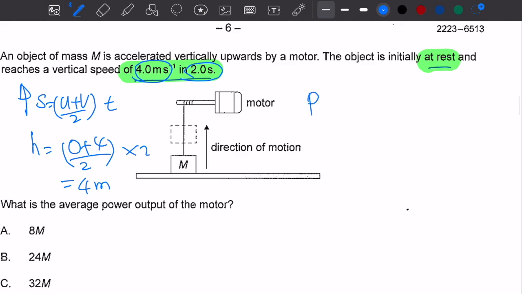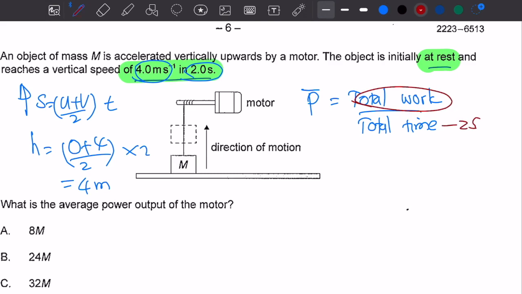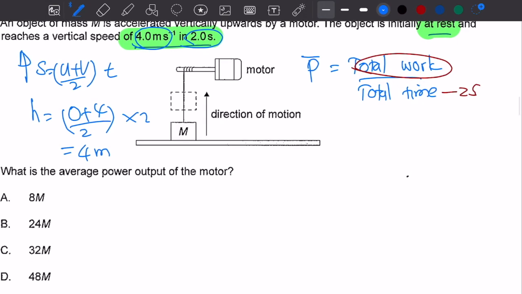Now average power is total work divided by total time. Time is not a problem because time is 2 seconds, but total work is the problem. Total work is a combination of kinetic energy and potential energy. Half m, speed is 4 squared, plus m g h, where h is again 4.